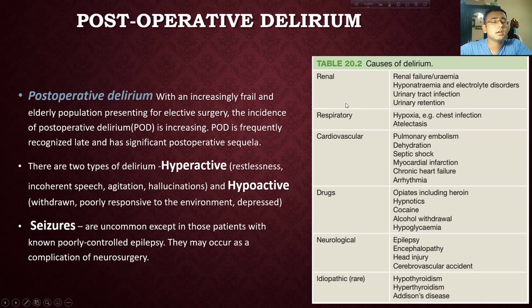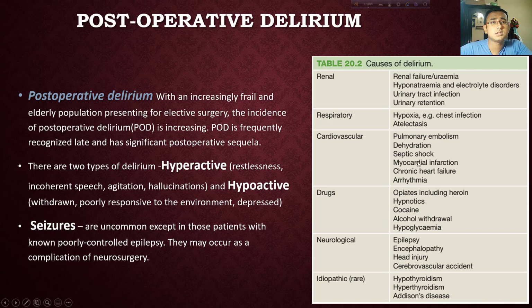Patients may also have hypothyroidism, Addison's disease, epilepsy, previous head injury, or CVA, a cerebrovascular accident like a hemorrhagic or ischemic stroke. Opioid or cocaine abusers and alcohol withdrawal can also cause it, because the patient might not have these things in the postoperative period. In that case, delirium can arise.